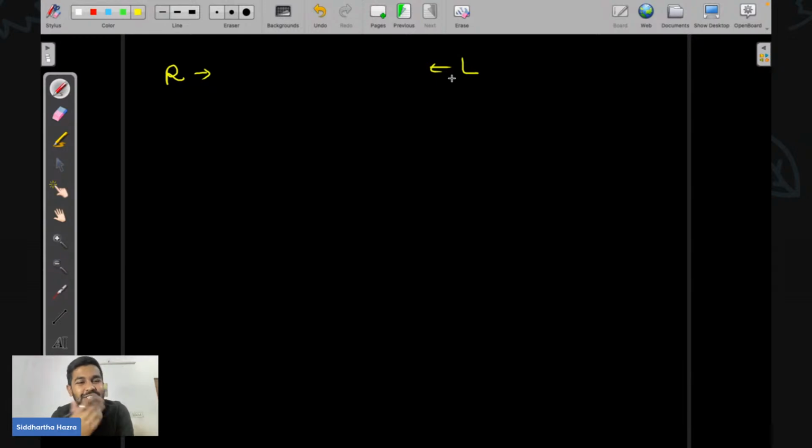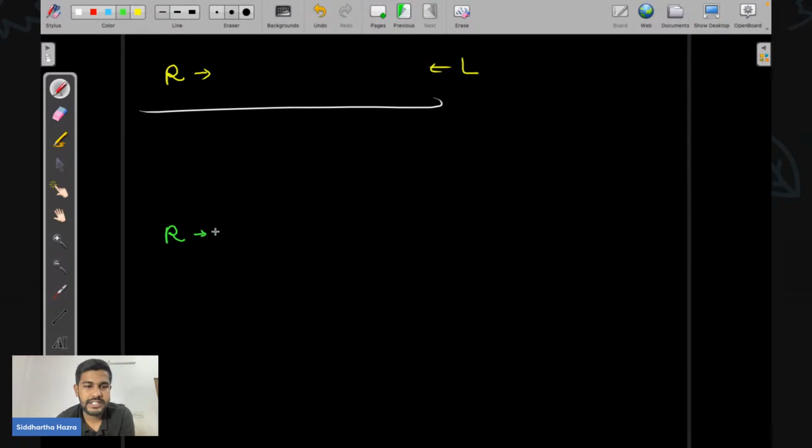Suppose we have some asteroids, like L and R. So we have a right moving asteroid, and we can just keep it as it is. Now again we have a new right moving asteroid.